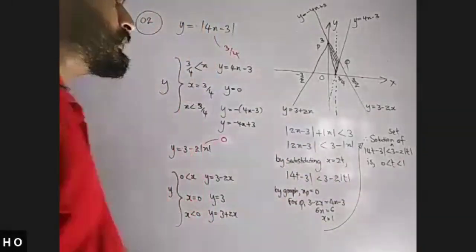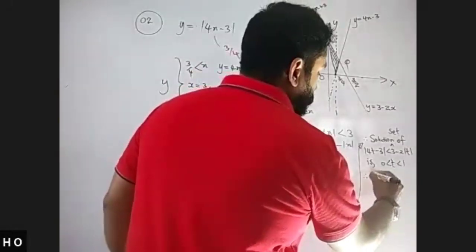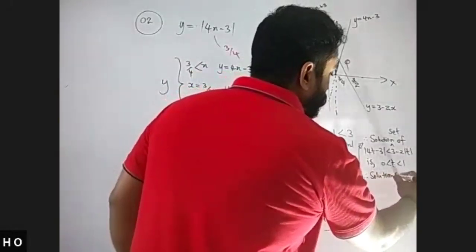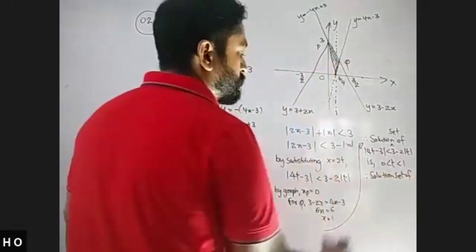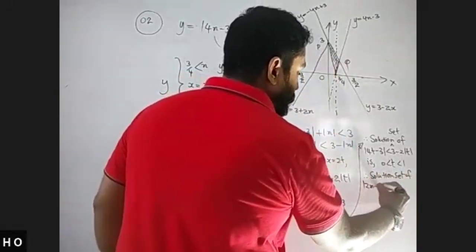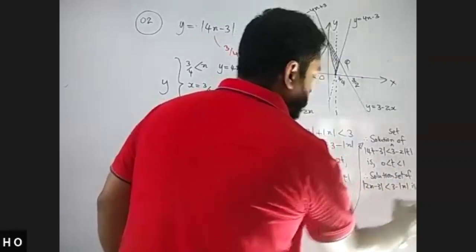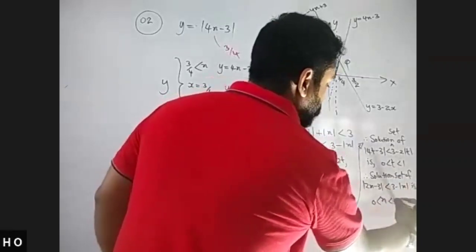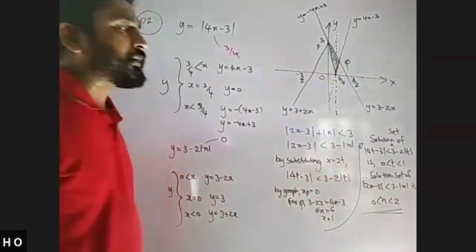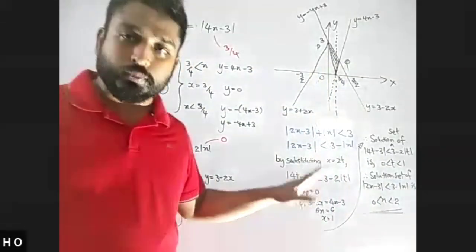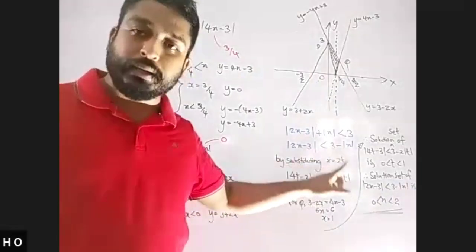Therefore the solution set of |2x minus 3| less than |3 minus x| is x between 0 and 2, because you have to multiply by 2. Is that clear? Because x is 2t.